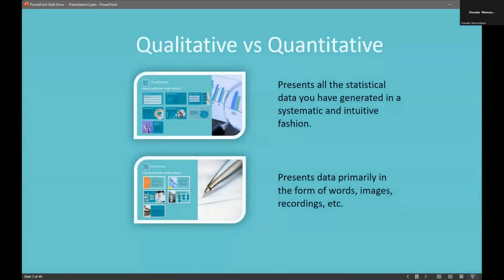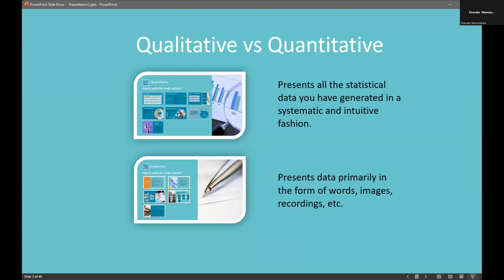Right, so that's all about qualitative, what you should go through. Those are the things that you should present in the results chapter, or maybe analysis chapter. Some might say it's analysis, some might say it's results, some might say it's findings, whatever it is. Those are the things you should pay attention to when you are preparing your results section.